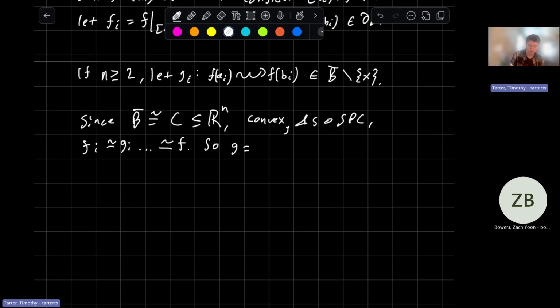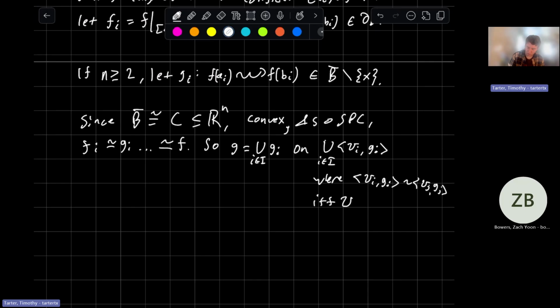So g, which is the union of a bunch of these g_i, is basically the union of equivalence classes of open sets U_i, g_i, where we can glue things on intersections of open subsets.